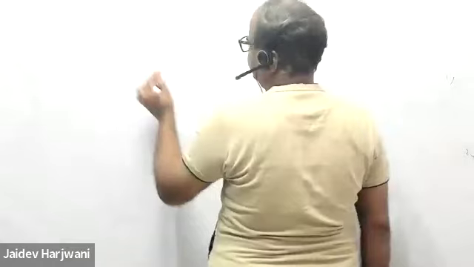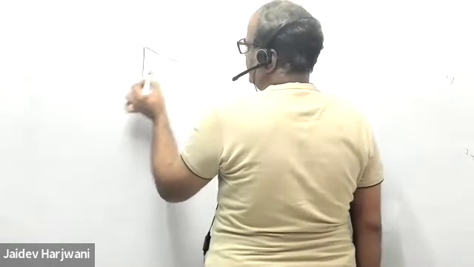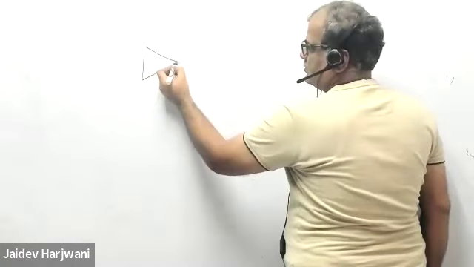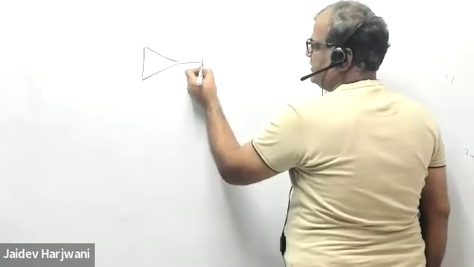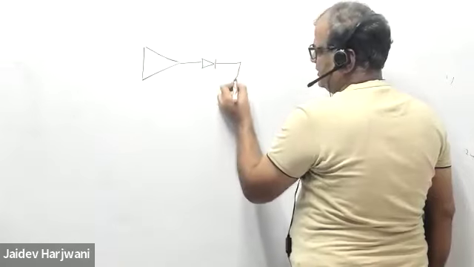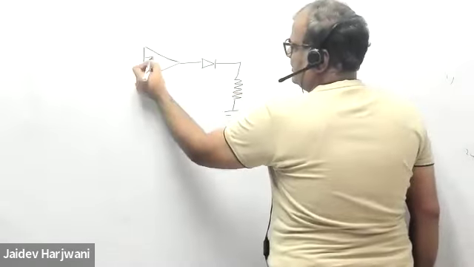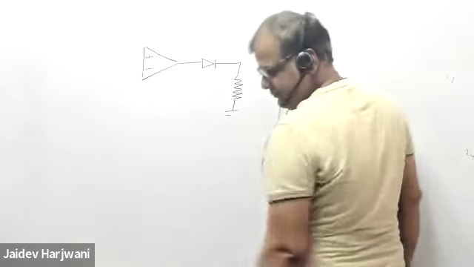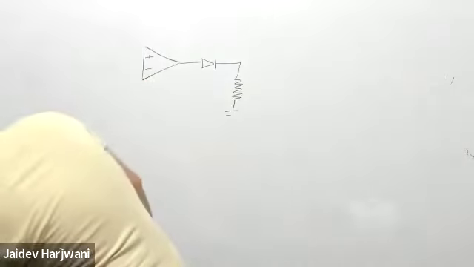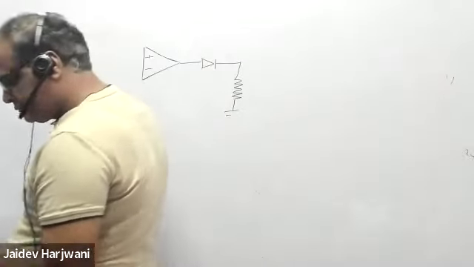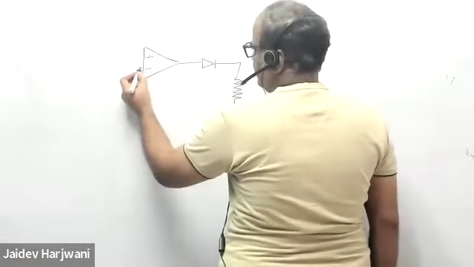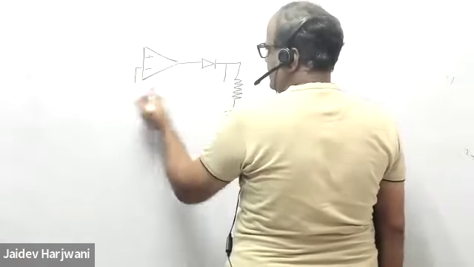You have been given a circuit here. You have a diode, and there is a load. You are applying plus here, minus here, and minus is coming here.